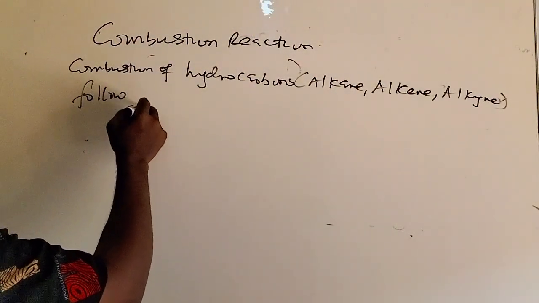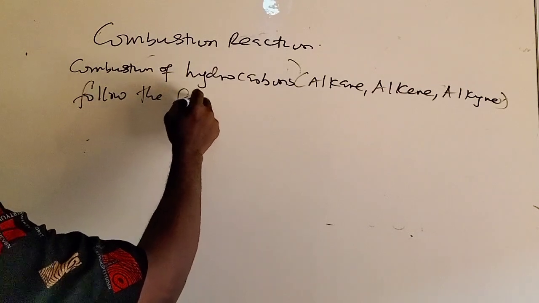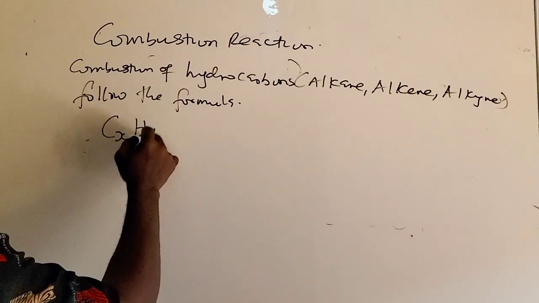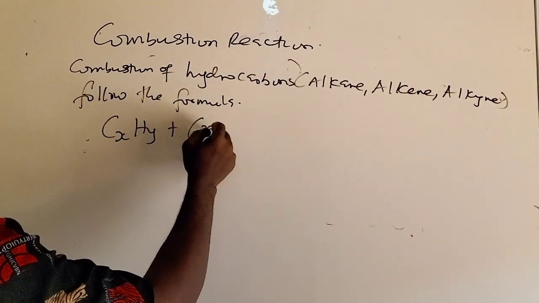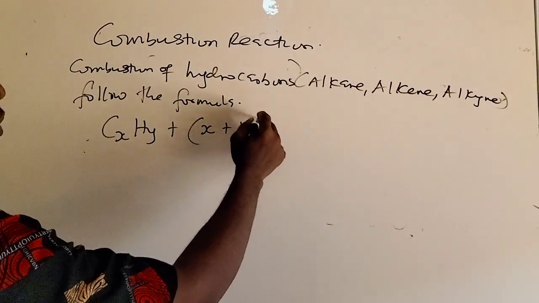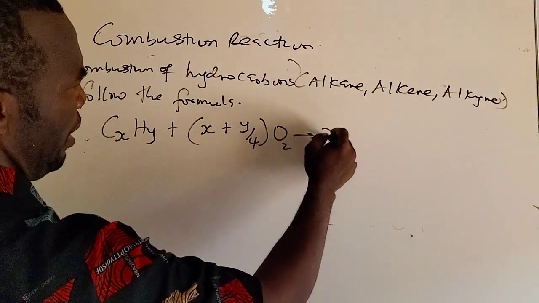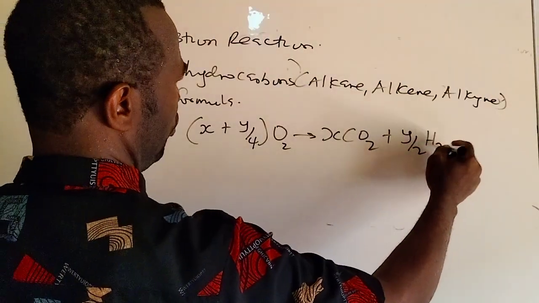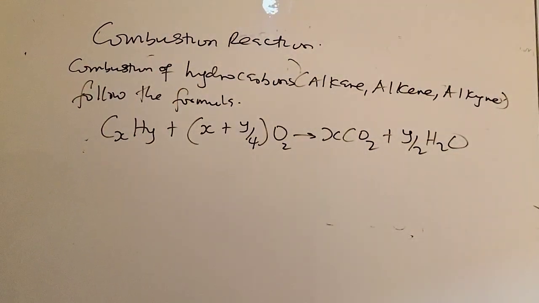There is a general formula for combustion of all hydrocarbons, which is given as CxHy plus (x plus y over 4) O2 giving xCO2 plus y over 2 H2O. So if you want to balance equations involving combustion of hydrocarbons, you can apply the formula on the board. You don't want to balance it by trial and error. You can use this formula as long as the compound is a hydrocarbon.